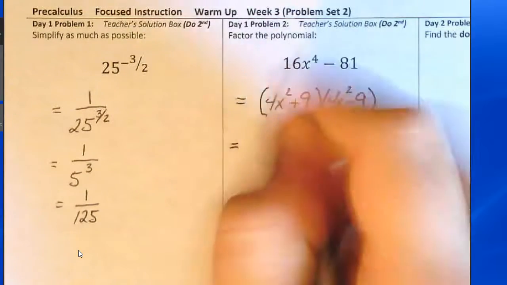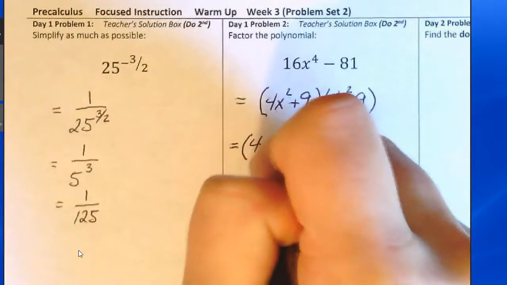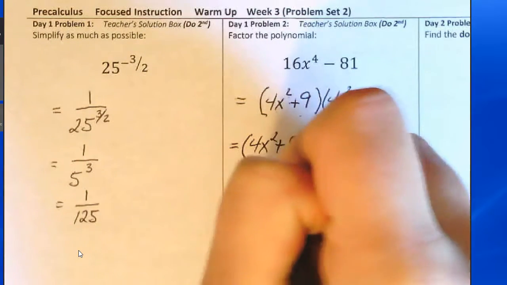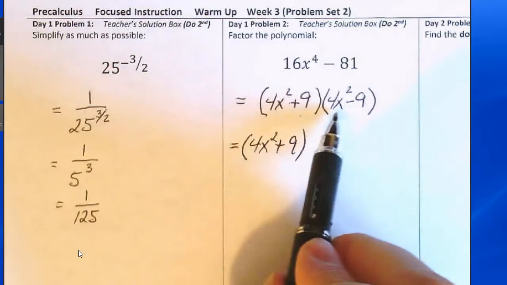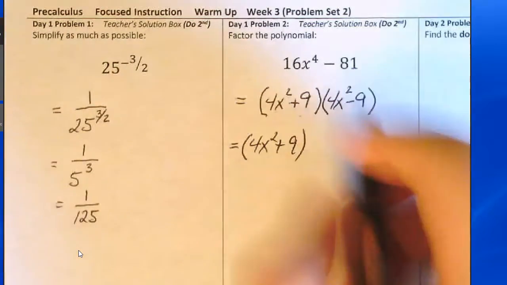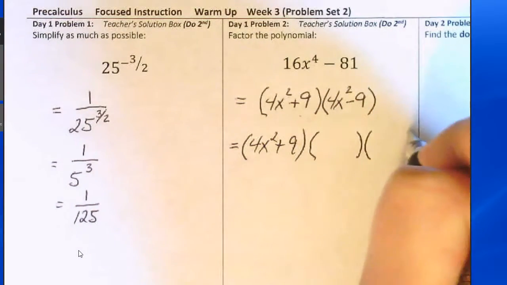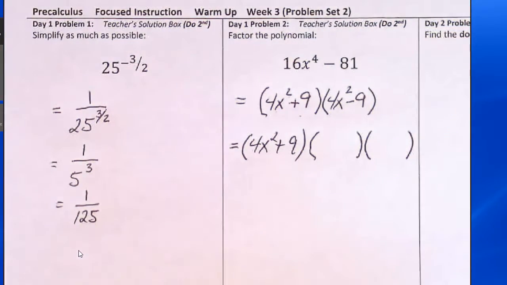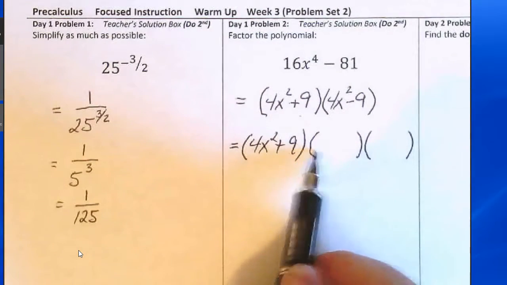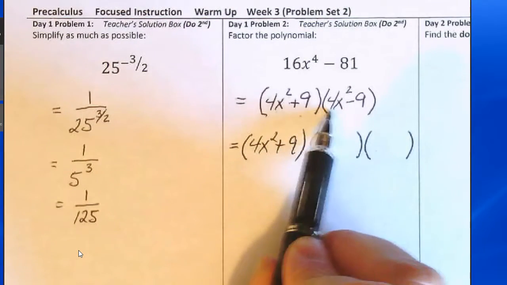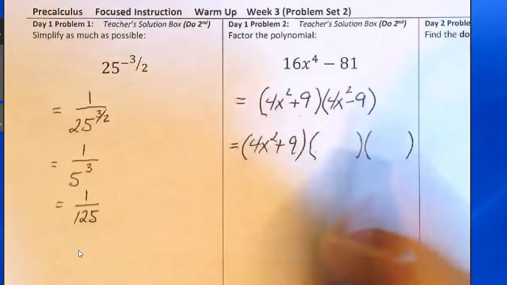So next step, we're going to begin with our 4x squared plus 9 factor, but then replace the 4x squared minus 9 with this basic pattern. This here and this here we get by taking the square root of 4x squared.